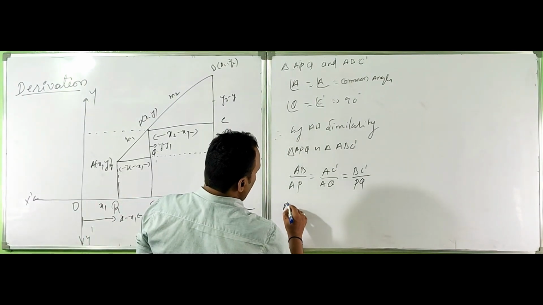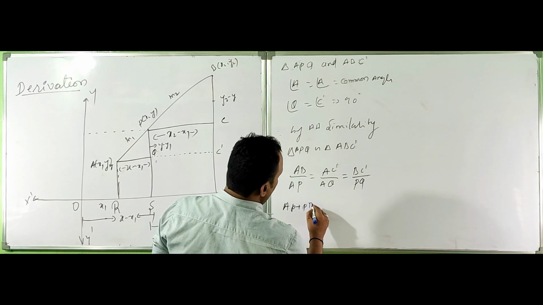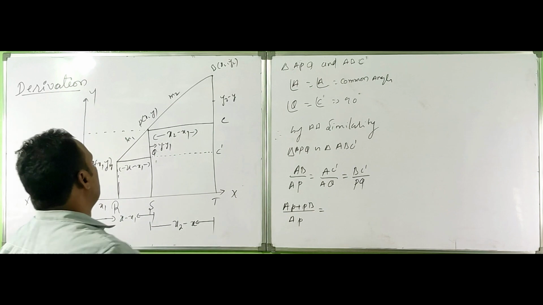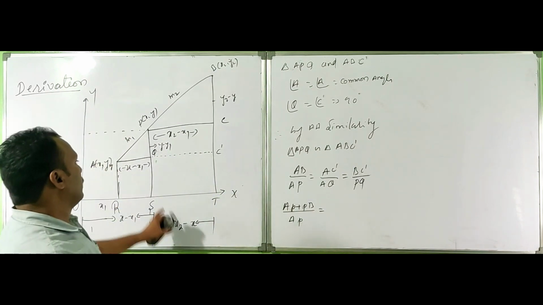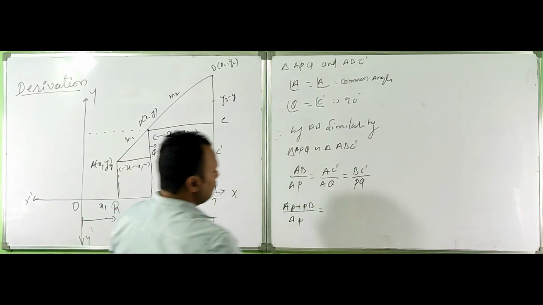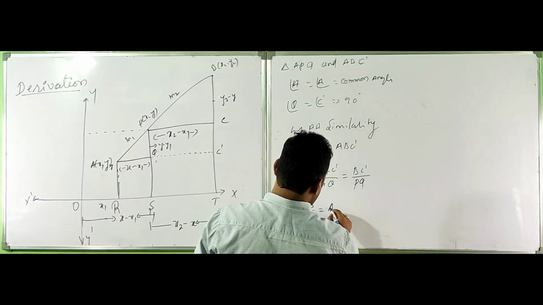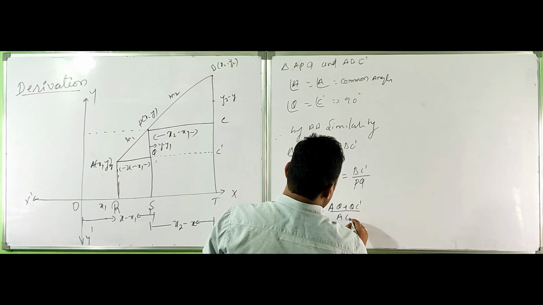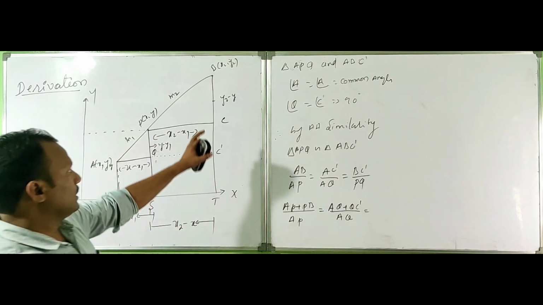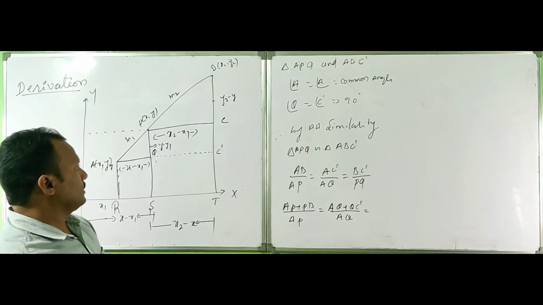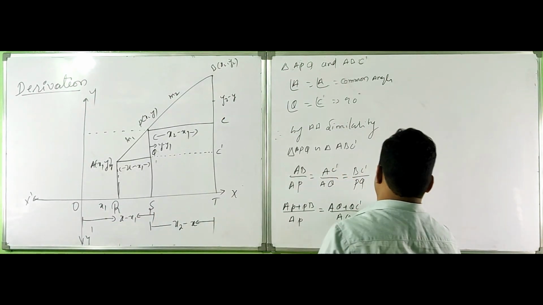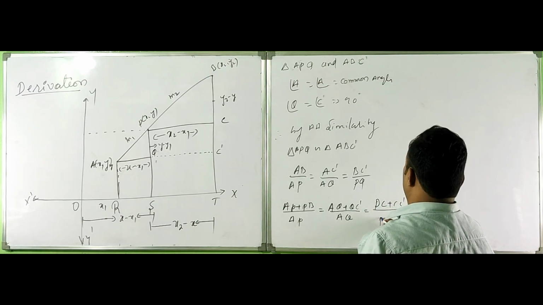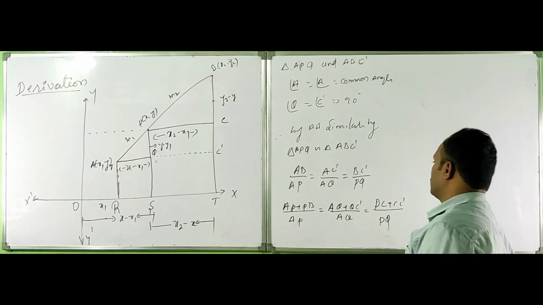How does AP by BP become? AB you can write as AP plus PB by AP is equal to AC, which you can write as AQ plus QC dash, by AQ, is equal to BC dash, BC plus CC dash, by PQ, right?